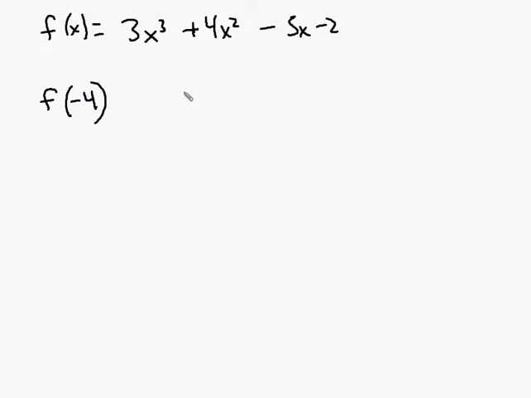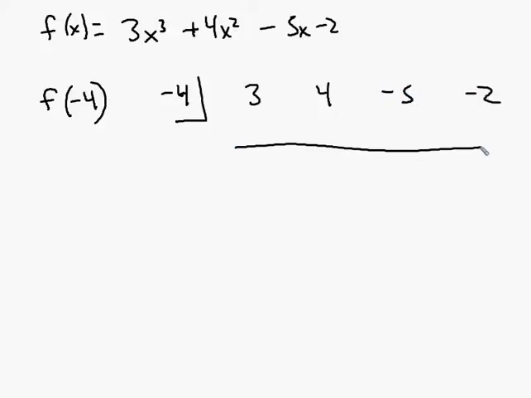Yes, I could put in negative 4, but we're going to do it using the remainder theorem. So I'm going to set up my synthetic division, negative 4, 3, 4, negative 5, negative 2, and my remainder is whatever that is.